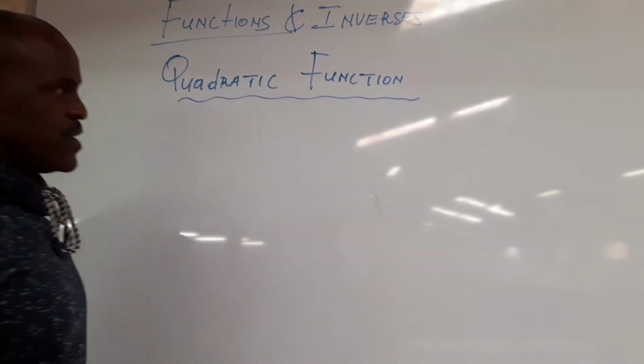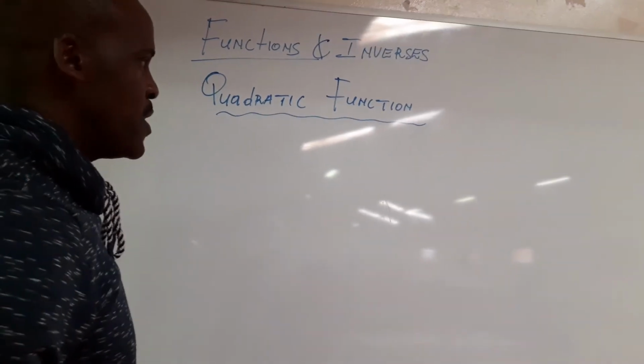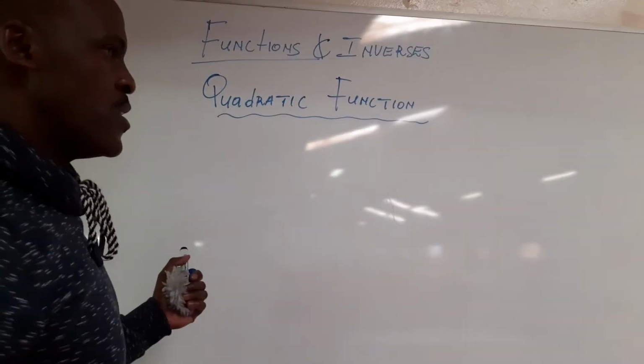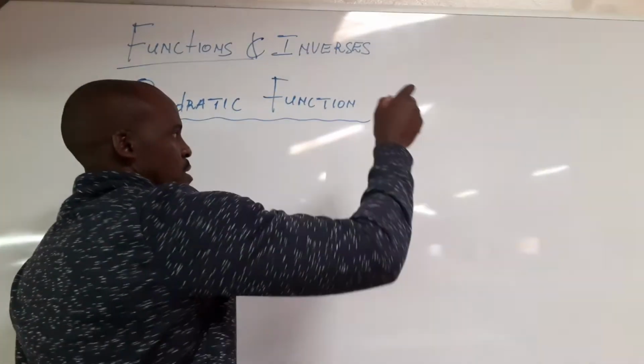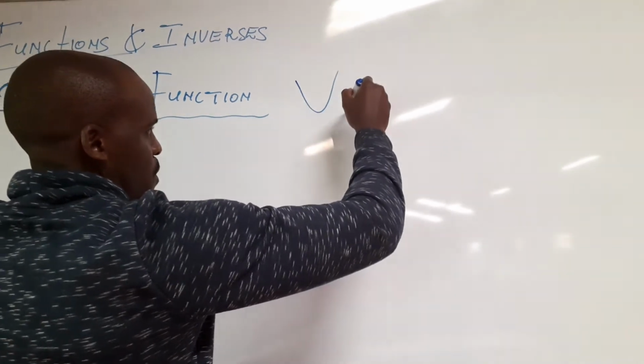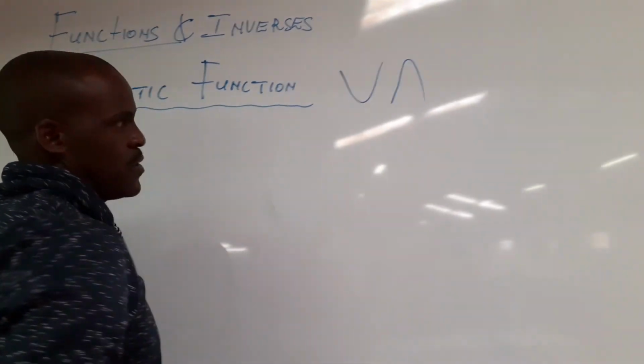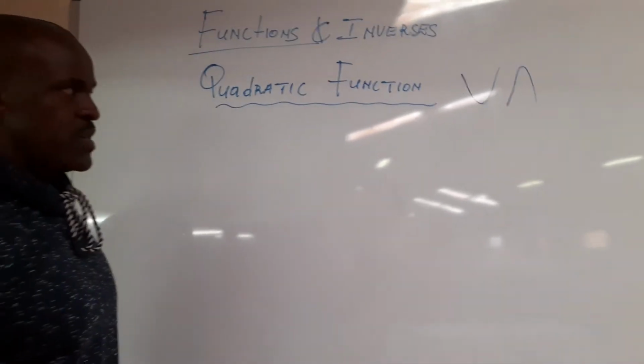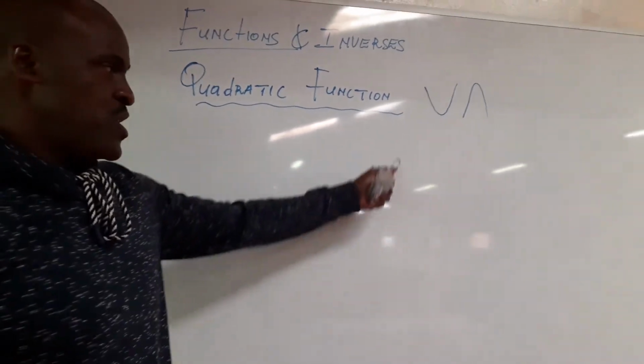A quadratic function is also known as a parabola. It has got this shape or that shape. That's a quadratic function, which means it has got a turning point.